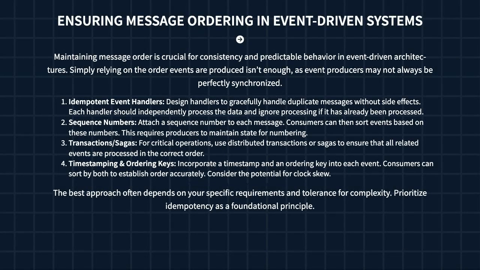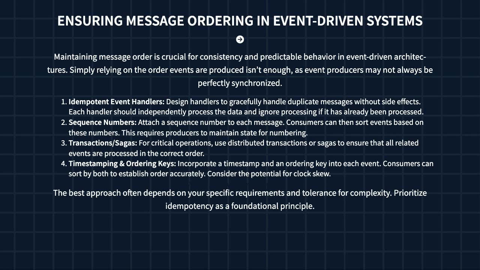Let's talk about message order in event-driven systems. It's surprisingly important. You can't just assume that events will arrive in the same order they were produced, because producers aren't always perfectly synchronized. One common strategy is to design your handlers to be idempotent, meaning they can handle duplicate messages without causing issues.